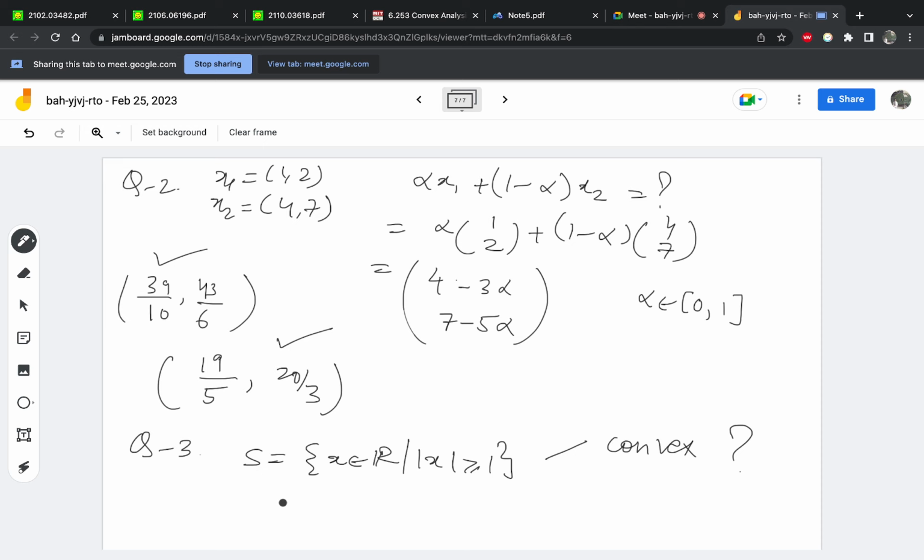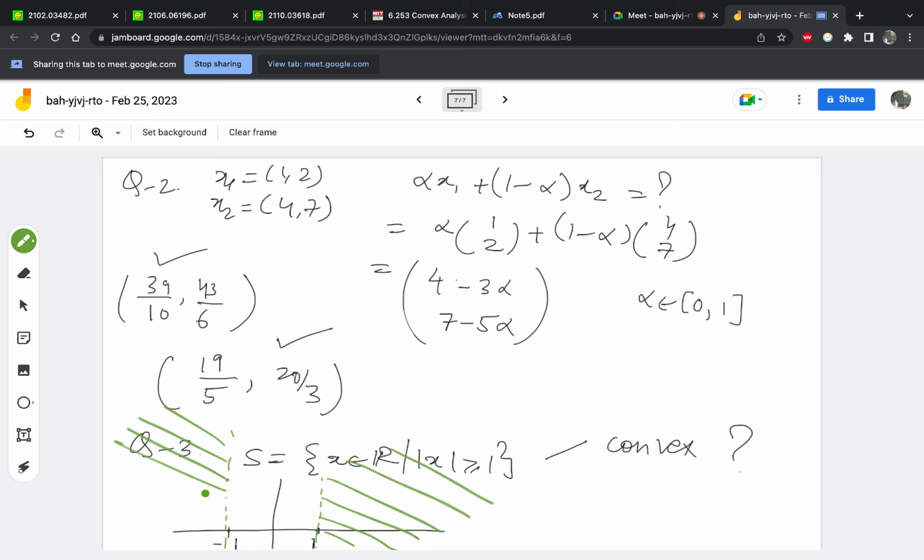This looks like a relatively simpler set. So you have 1, you have -1. So what will S be here? It will be the union of two open boundaries, right? Lines, greater than or equal to. It belongs to R.